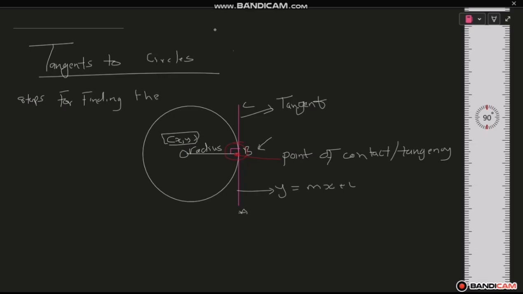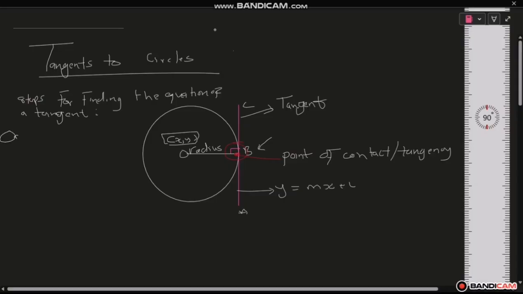Okay, there are steps that we actually use for finding the equation of the tangent. Make sure that you pay attention here, because this is where many learners are getting this wrong. There are 3 steps that we're going to talk about.